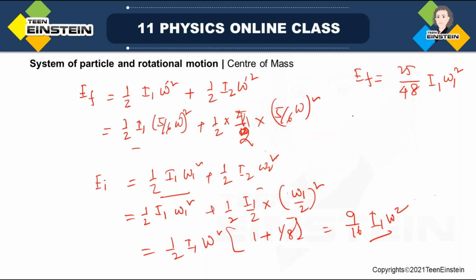Okay, so then you can find out the difference, EF minus EI. EF minus EI will be 25 by 48 minus 9 by 16 along with this factor.